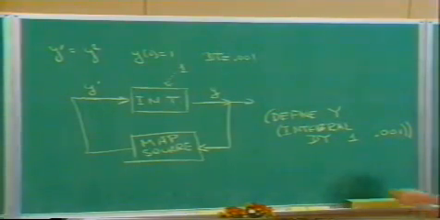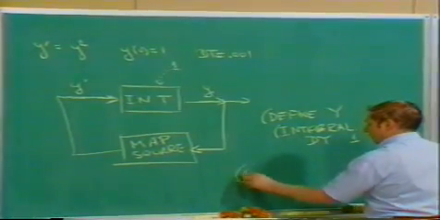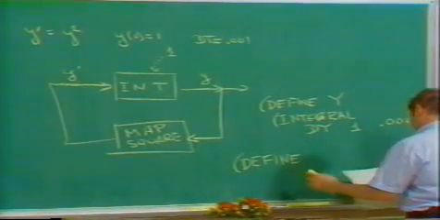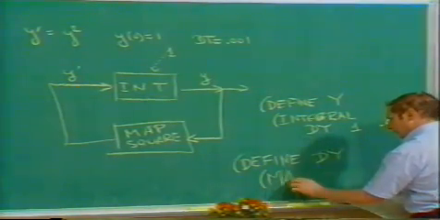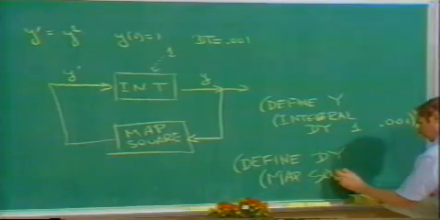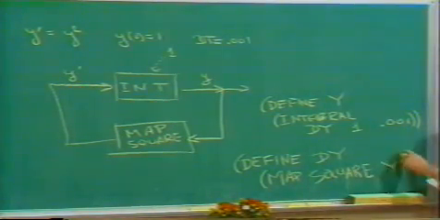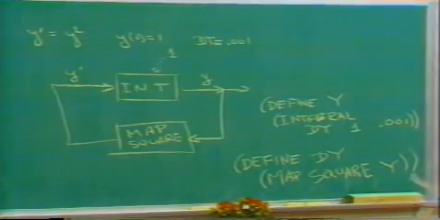And then I'd like to say, well, dy is gotten by mapping square along y. So define dy to be map square along y. So there's a stream description of this analog computer.